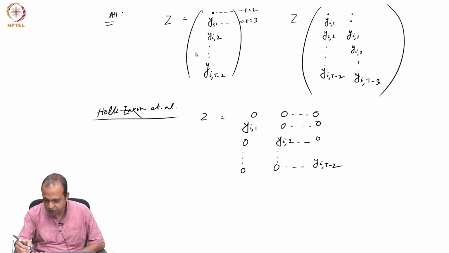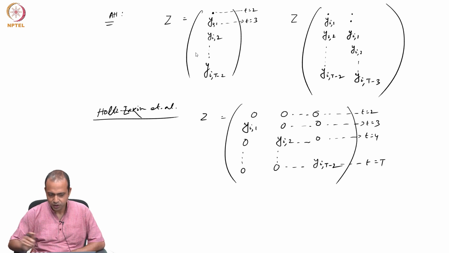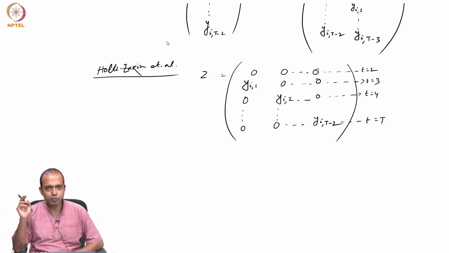That means in each period you can see that I have only one instrument per period. This is t equals 2, this is t equals 3, this is t equals 4, and this is t equals capital T. So this is Holtz-Eakin et al.'s approach: one instrument for each period and replacing all the missing observations as 0.